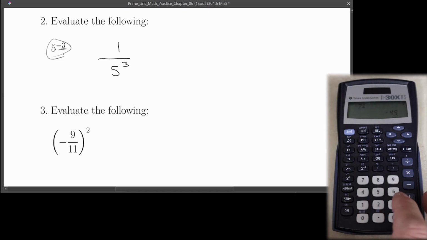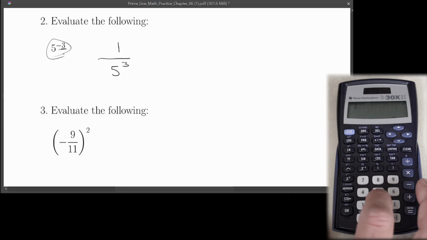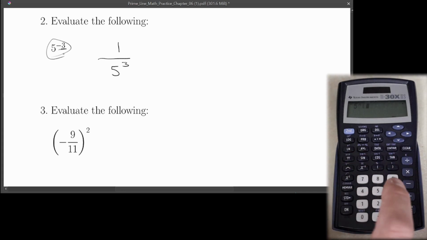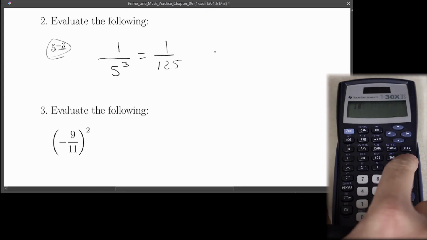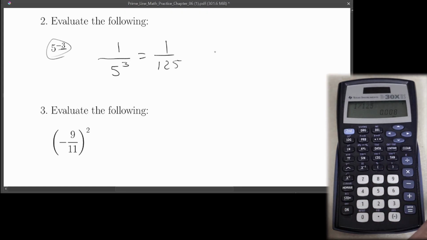So we could type this in our calculator, 5, and then inside of the parentheses a -3, and realize we get 0.008. This is equivalent to 1 over 125, which is also our 0.008.